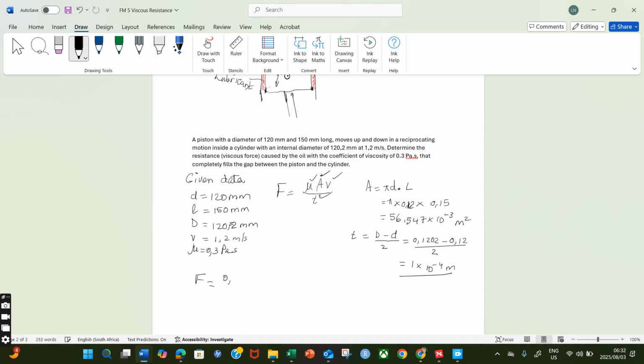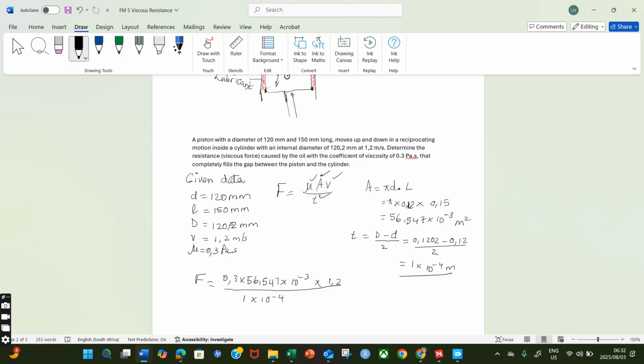This is 0.3 multiplied by the area, which is 56,547 times 10 to the power -3, multiplied by the speed or the velocity of 1.2 over t, which is 1 multiplied by 10 to the power -4.